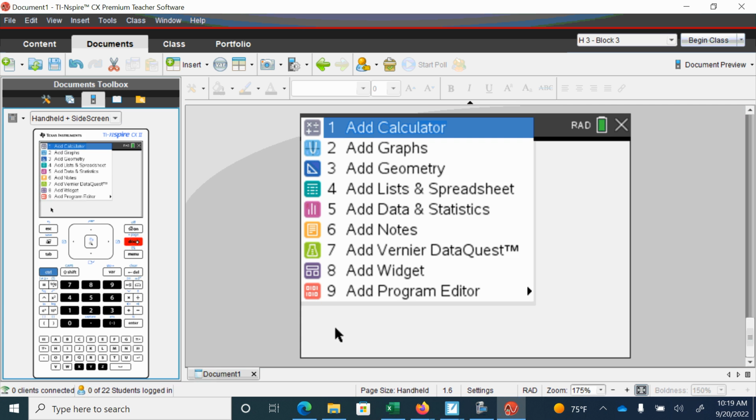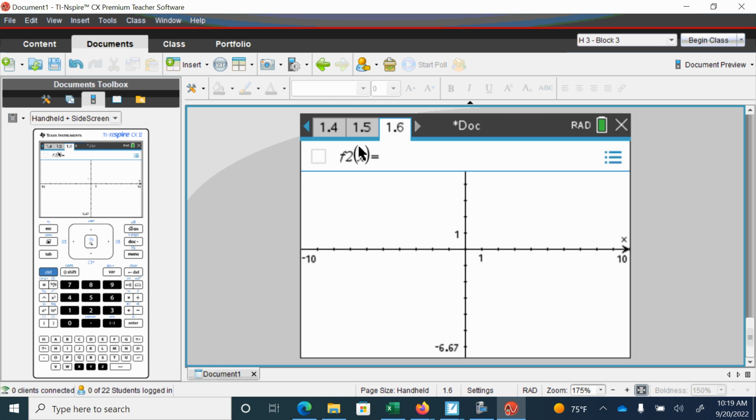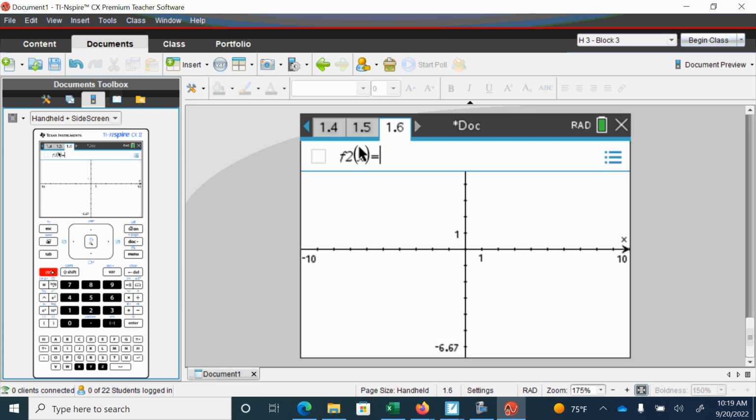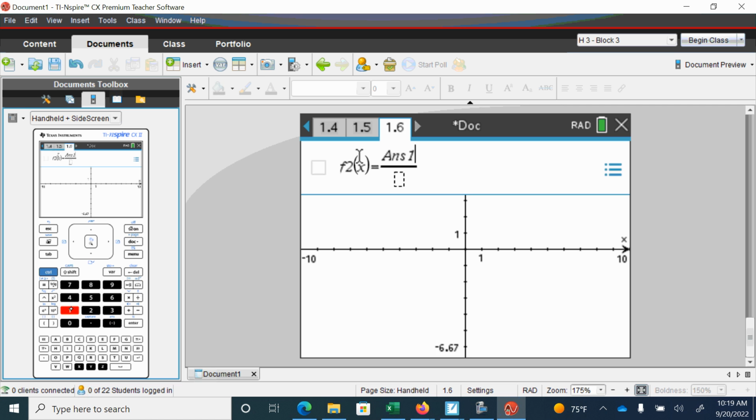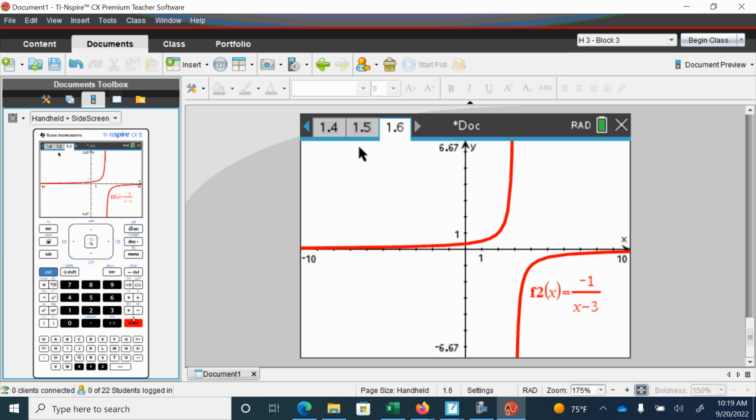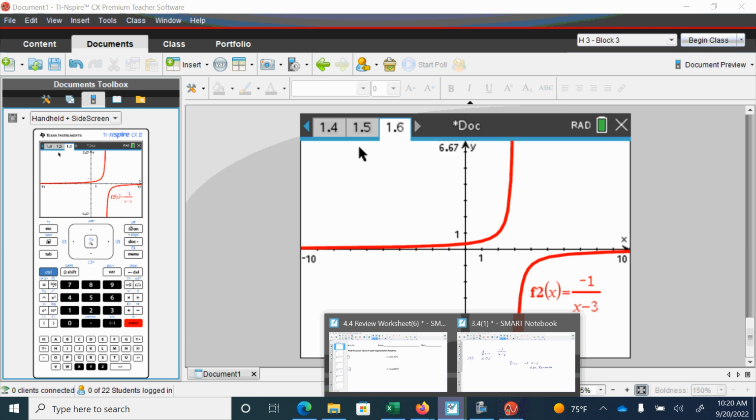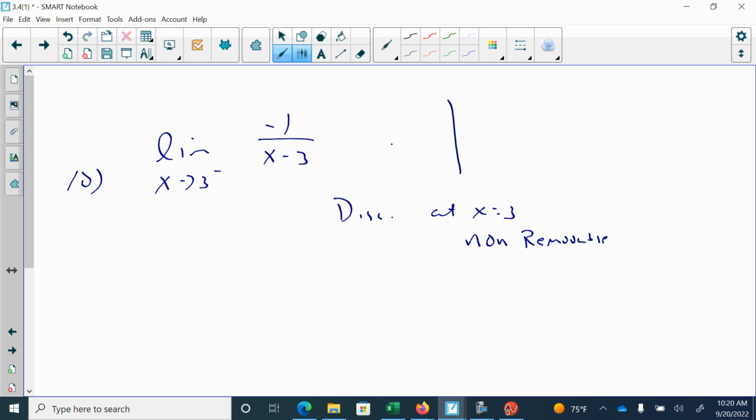Maybe not. So I'm going to do negative 1 over x minus 3. I get that graph. So this graph is something like this.